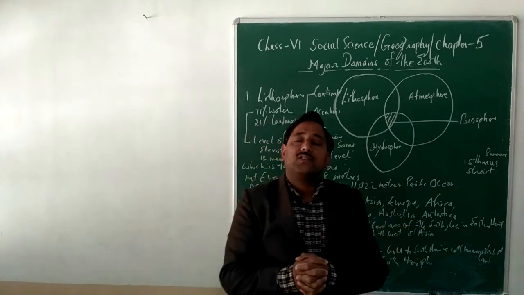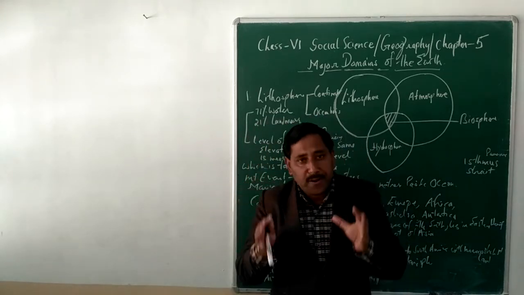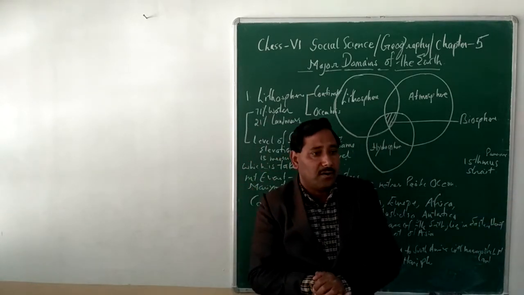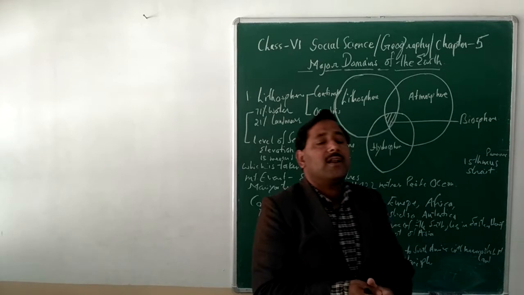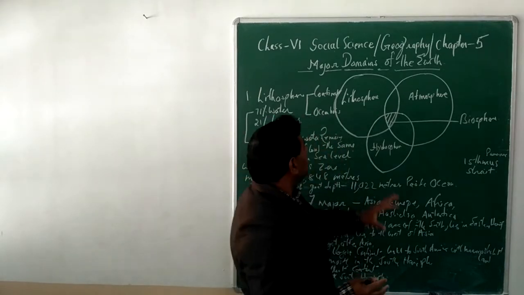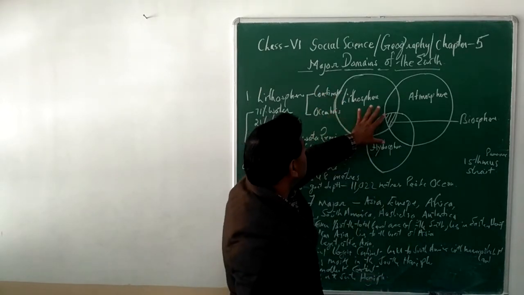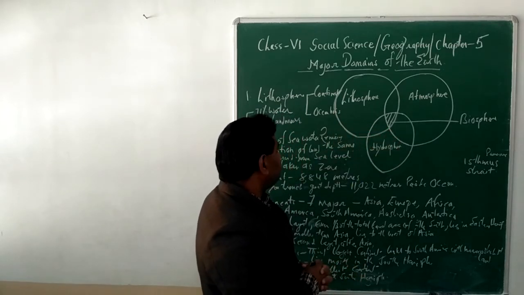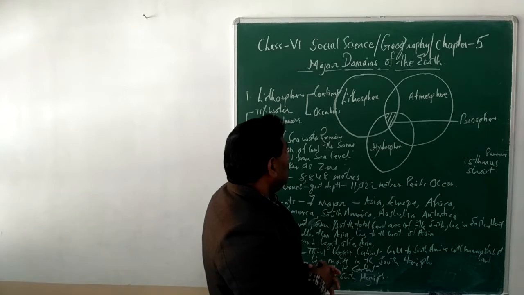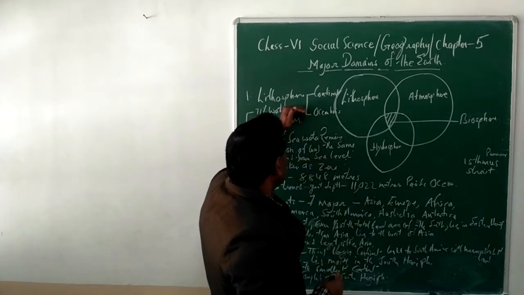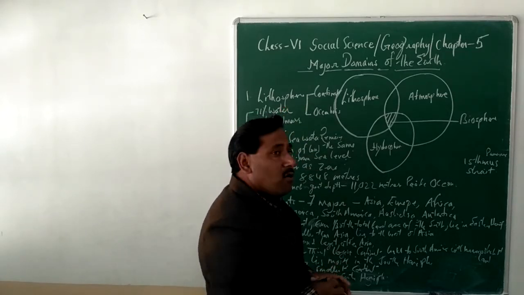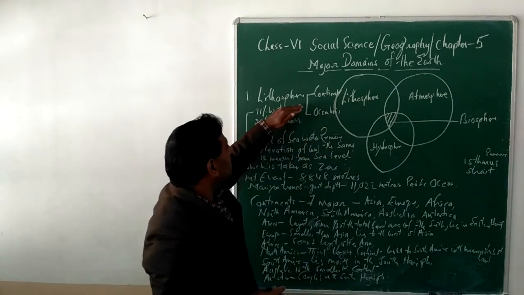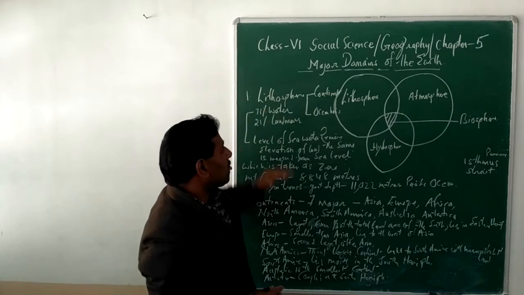Now, the surface of the Earth is a complex zone in which three main components of the environment meet, overlap, and interact. We will discuss these three components in this chapter. Today, I will give more focus to the first domain, that is your lithosphere.